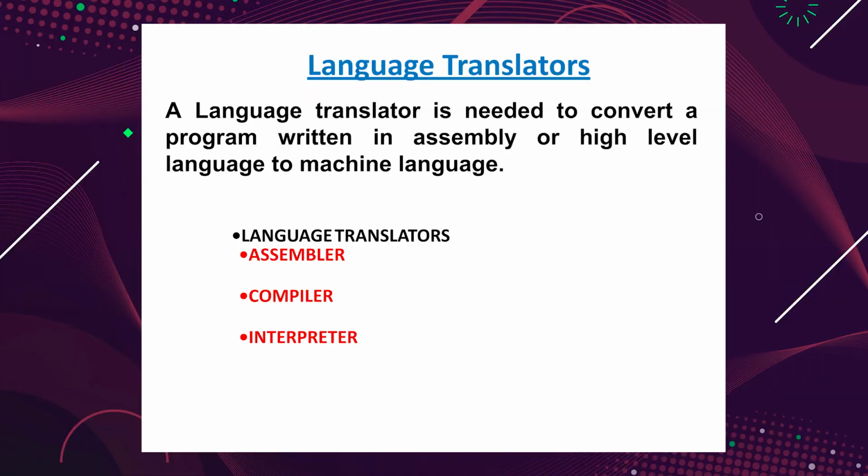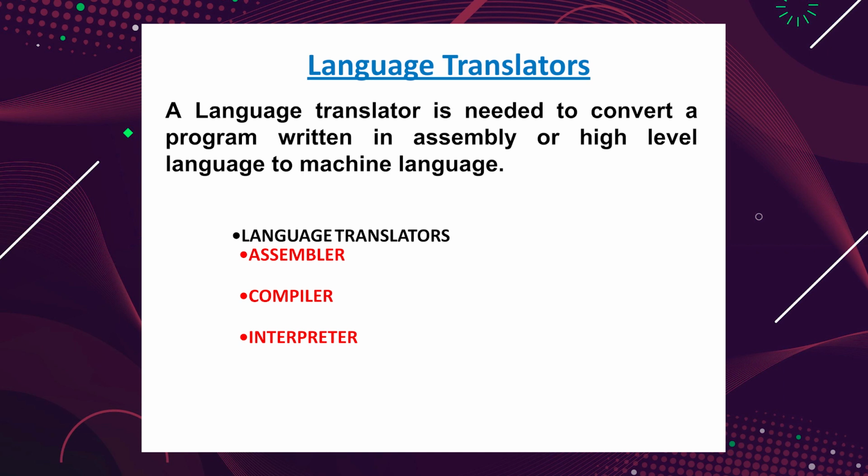A translator is needed to convert a program written in assembly or high-level language to machine-level language. The program code written in assembly language or high-level language is called source code. The source code is converted by language translator into machine understandable form called machine or object code.